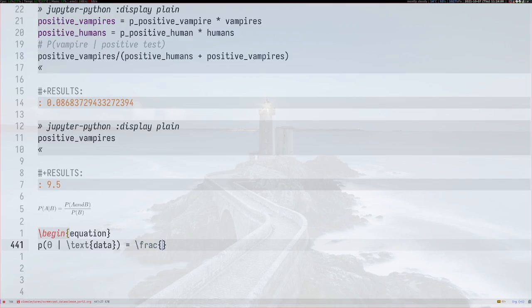That is equal to the probability of theta and data, which I can also write as the probability of the data conditional on theta, times the probability of theta, divided by the probability of my data.